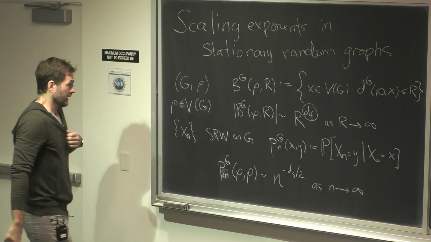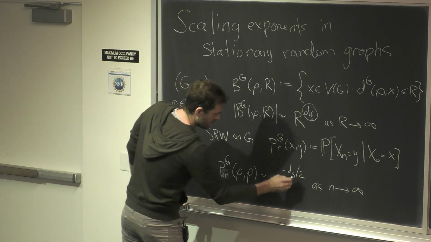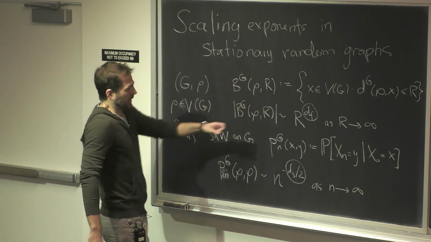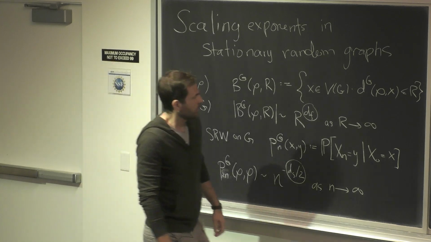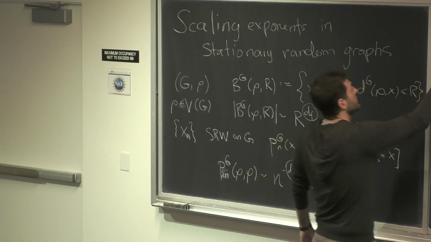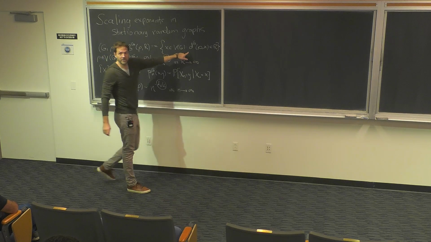I'm going to define two more. Okay, so there's the fractal dimension, the spectral dimension. We can think about what's called the walk dimension. So we have the random walk. We have the graph metric.